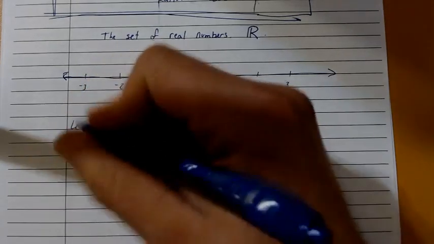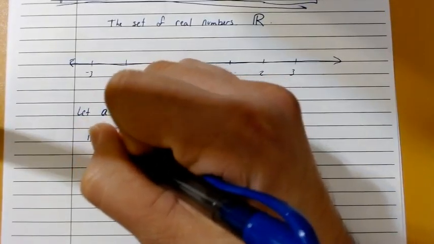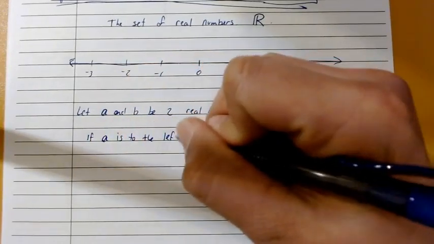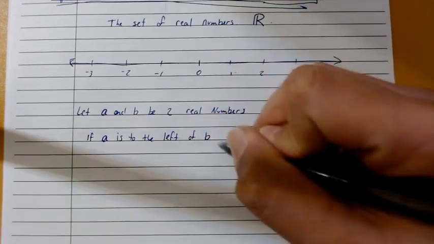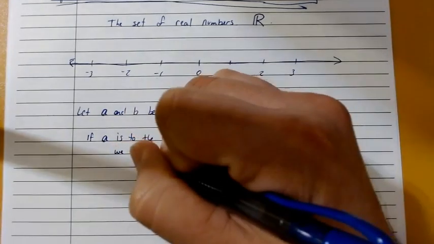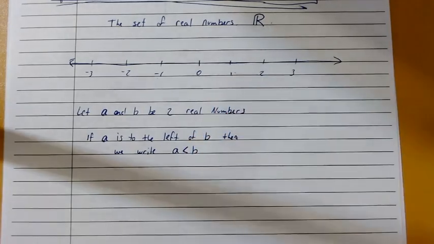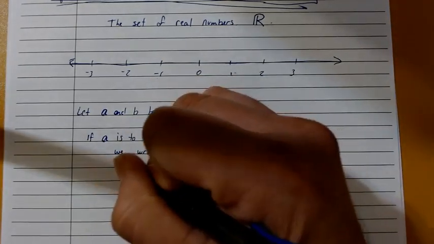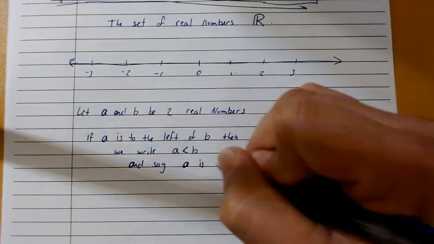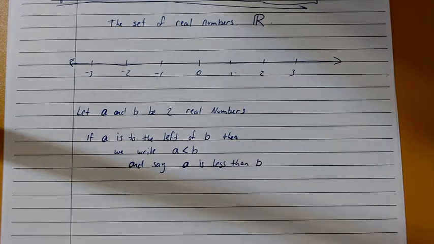Okay? If A is to the left of B, then we write A is to the left of B. And we say A is less than B. Okay?